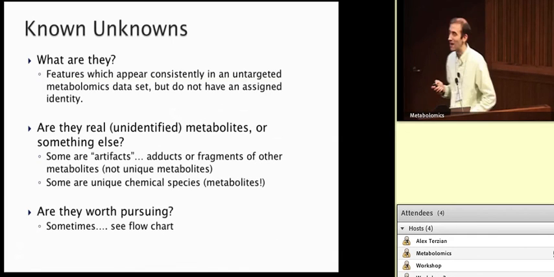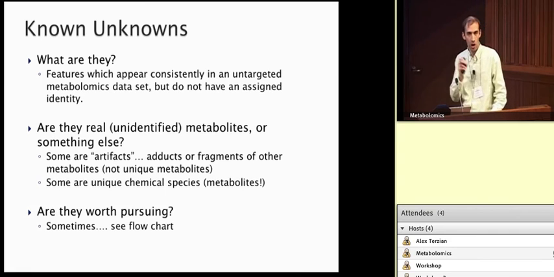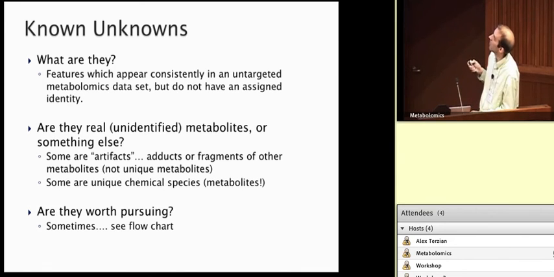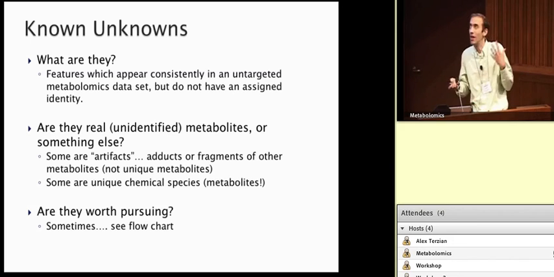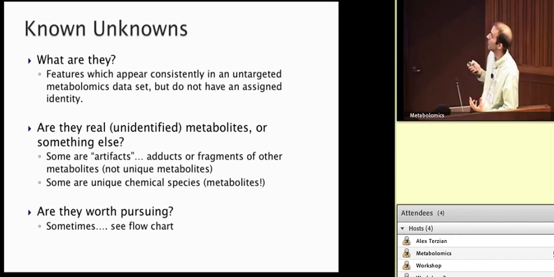And then we also have these known unknowns. This is a silly term, but it's what we use to describe features that are consistently present in all of your samples. We know they're real, but we don't have an unambiguously assigned identity for those compounds. So the question then you would have is, are they real, or are they just some sort of artifactual garbage in my data? And what am I going to do with them?